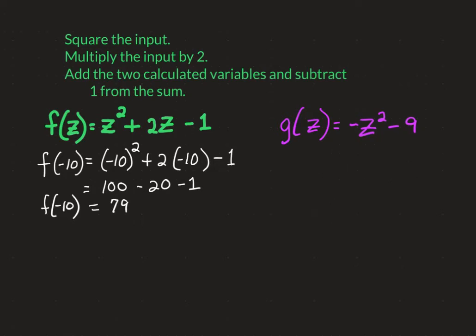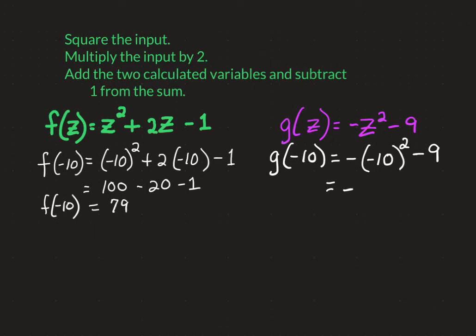Okay, let's compare our functions by putting negative 10 in for z in the function g, as we put negative 10 in for the function f previously. So I'm going to put in my parentheses where the z is and make that squared minus 9. Now I'm going to input the negative 10.